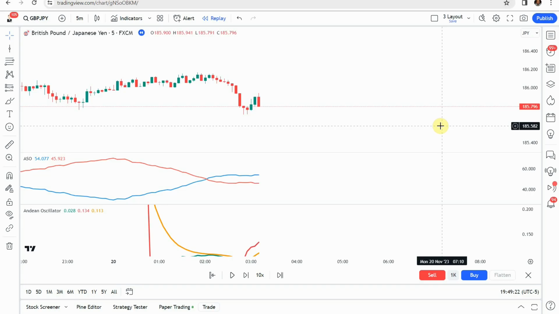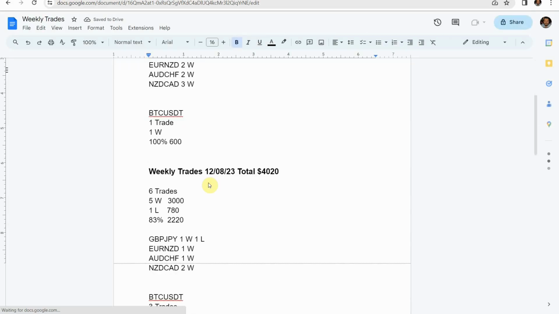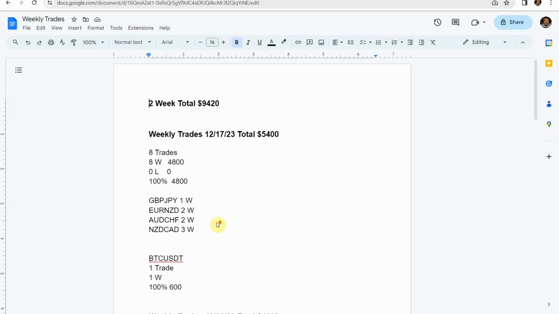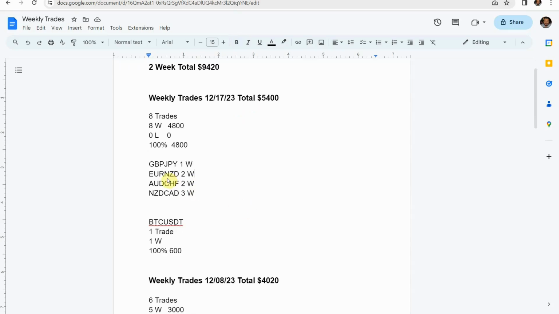Let's go ahead and go over the numbers from this week, the trades, I should say. Again, for clarity's sake, these are the trades each week from these 4 Forex pairs and this one crypto pair on the 30-minute chart. We're keeping a running total each week of the trades and the total profit from those. Last week we had 8 trades on the Forex pairs.